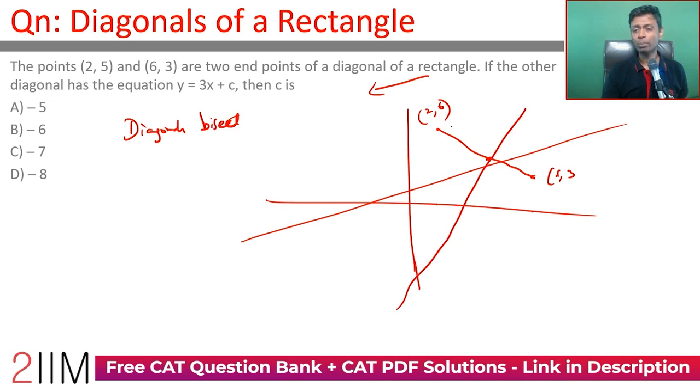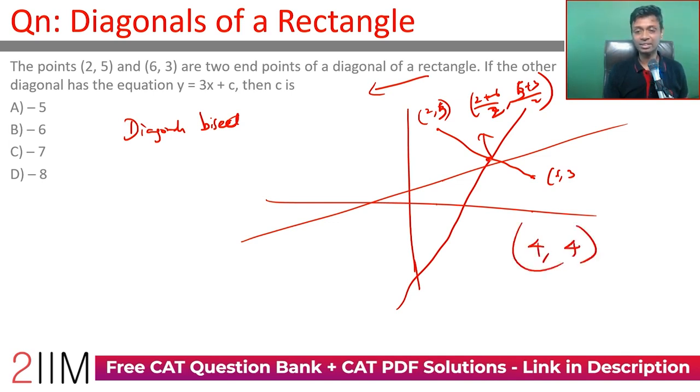So the midpoint of this is 2 plus 6 by 2, comma 5 plus 3 by 2. 2 plus 6 by 2 is 8 by 2, which is 4. 5 plus 3 by 2 is 8 by 2, 4.